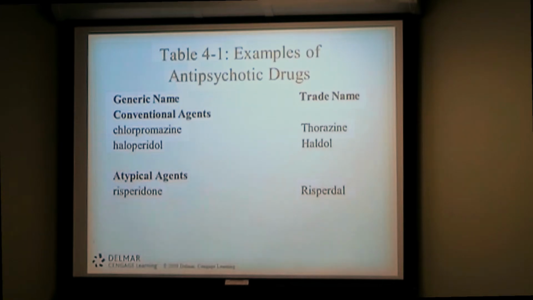Let's take a look on page 59, adverse effects of the medications that we just looked at on table 4-1. As you can see, there's a lot of side effects. You'll see these side effects associated with a lot of different medications, not just the psychotropic medications.